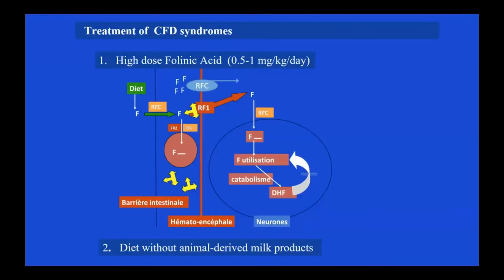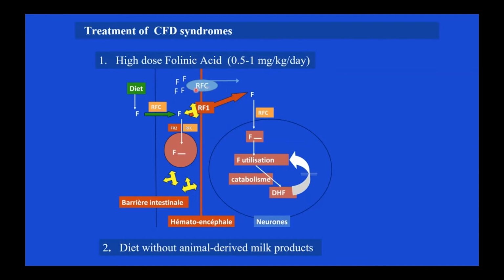So there are 2 lines of treatment for CFD syndromes. The first one is the high-dose folinic acid treatment, where you use 0.5 to 1 milligram per kilo per day. This will raise the folate levels in the blood so that they can then be transported by a low-binding, high-capacity transporter called reduced folate carrier 1.